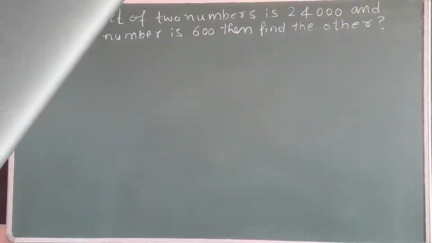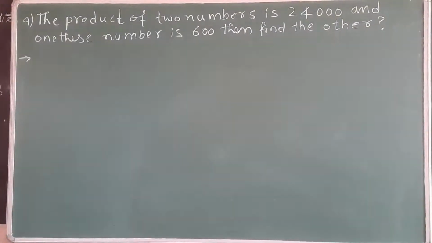Now we will solve the ninth problem, that is: the product of two numbers is 24,000 and one of these two numbers is 600. Then find the other number.